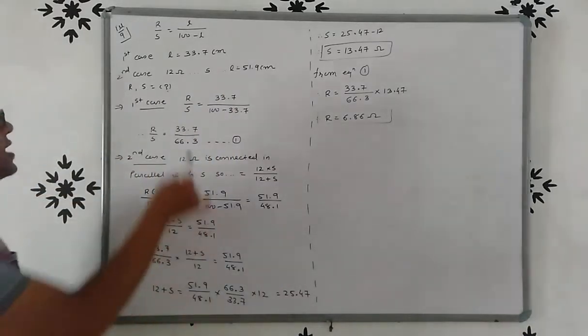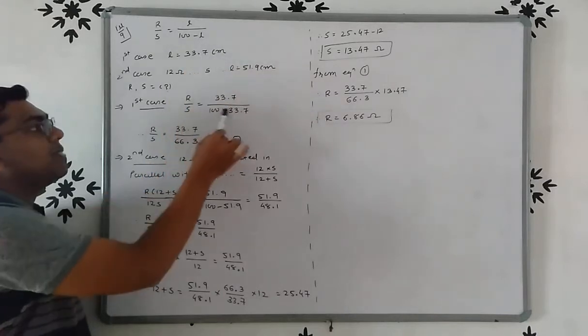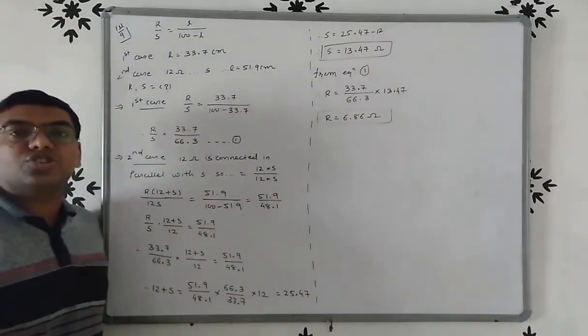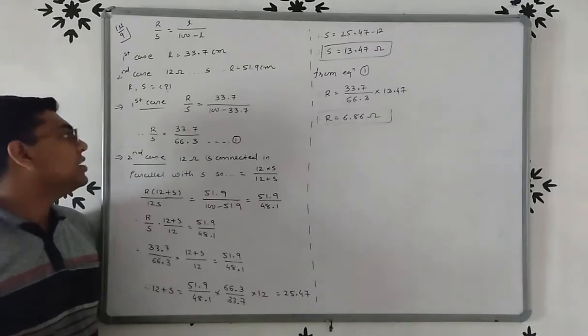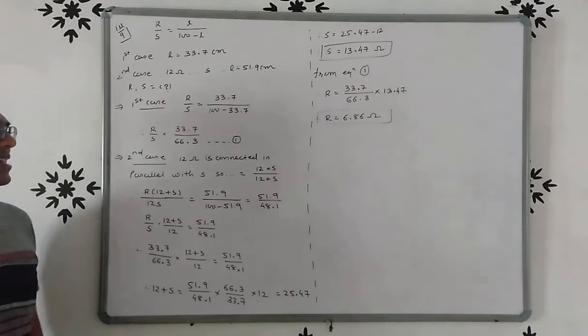So in the first case, R by S is equal to L, 33.7, upon 100 minus 33.7. So here we get the ratio R by S. So R by S is equal to 33.7 upon 66.3.